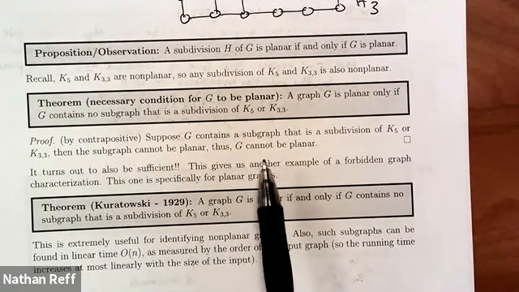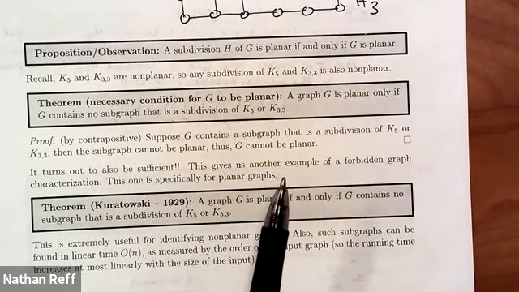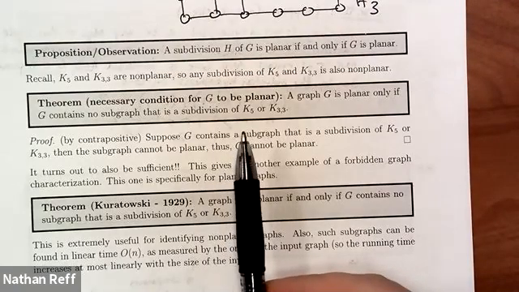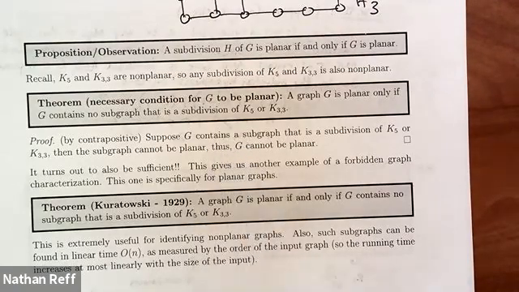Therefore, if you have a subgraph component of the graph that's not planar, then the whole graph is not going to be planar, right? If you prove a portion of the graph has to be non-planar, and you add more stuff to it, it's going to make it worse, not better. In fact, you might actually be requiring even more crossings. That's a completely separate question.